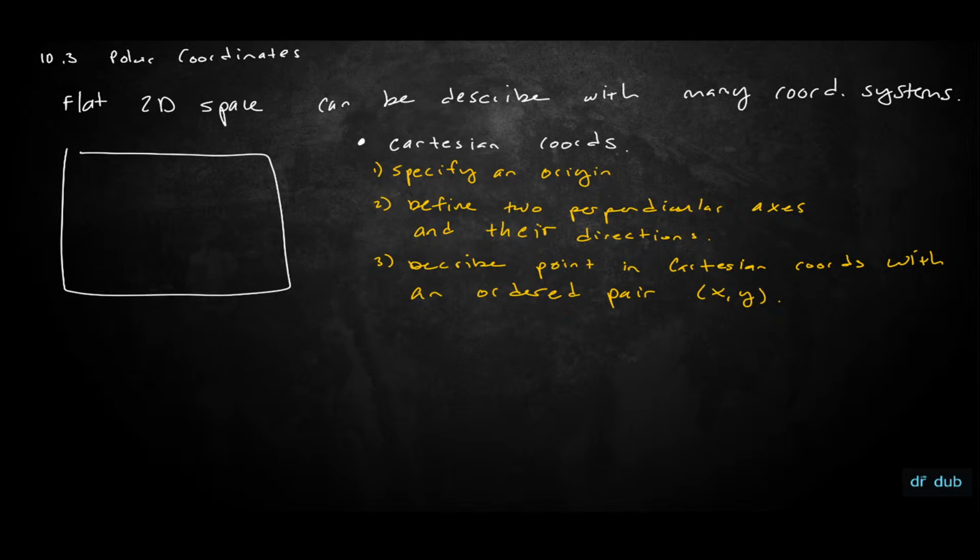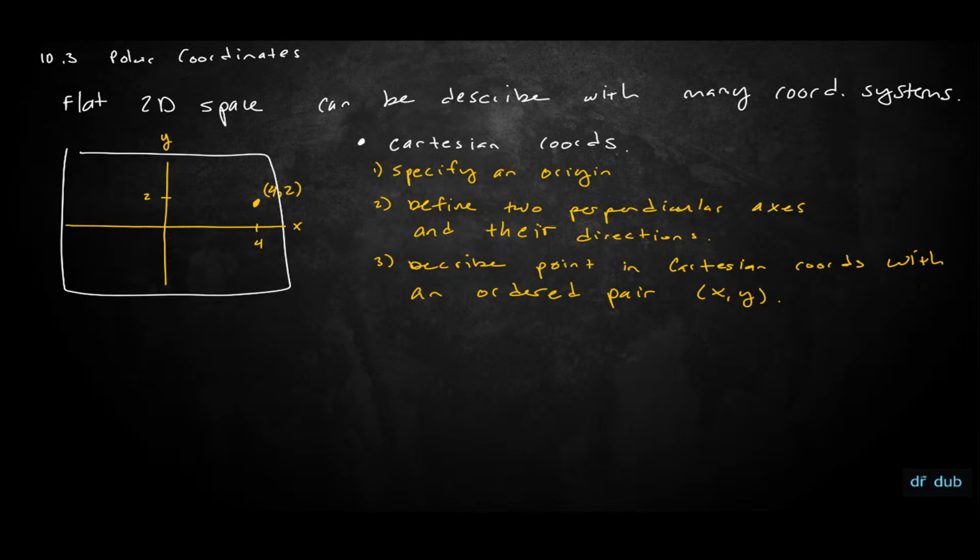We know in Cartesian coordinates, say this is our set of coordinates, x, y, we go a certain distance in the x direction and then a certain distance in the y direction. Let's say this is 4 and this is 2. So this is the point 4, 2. And we can locate every point in the flat 2D plane with two coordinates, an x coordinate and a y coordinate.